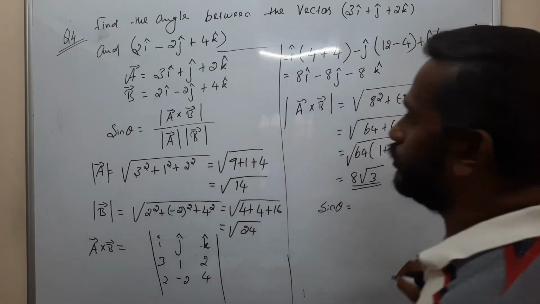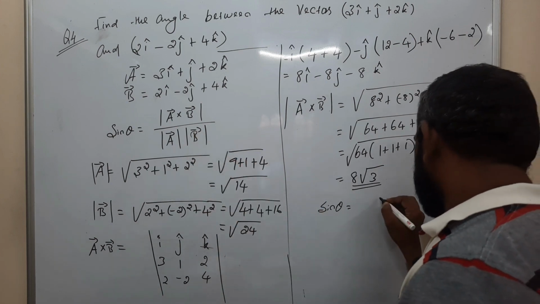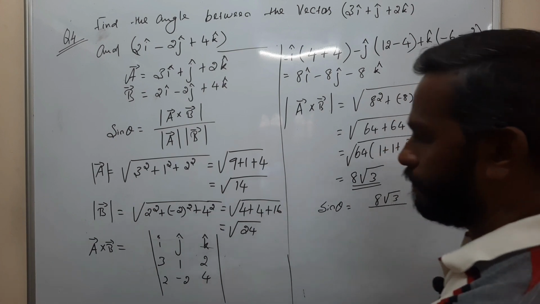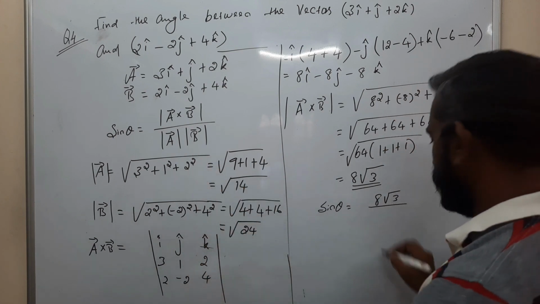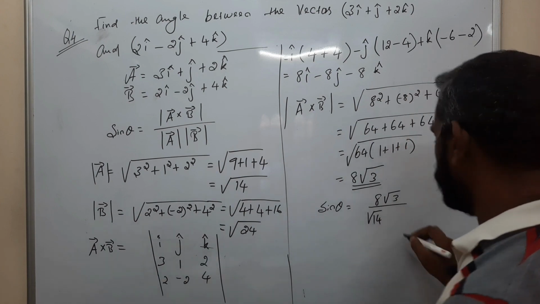Sin theta is equal to the magnitude of A vector cross B vector, that is 8 root 3, divided by mod A vector, that is root 14, into mod B vector, that is root 24.